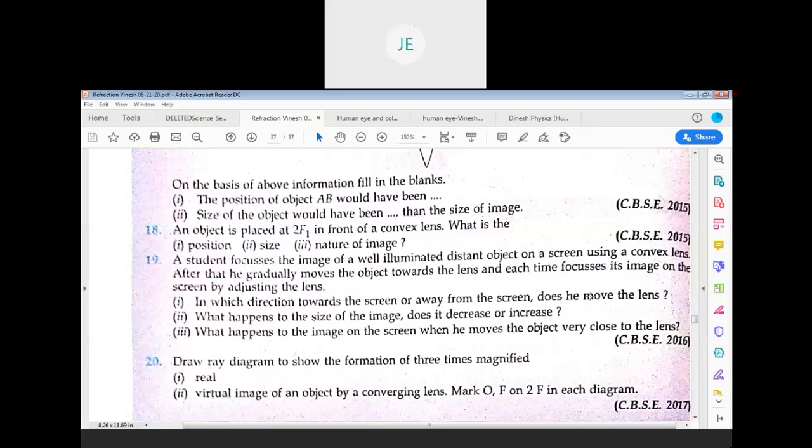Is it clear? Sir, here it is written that after that he gradually moves the object towards the lens and each time focuses its image on the screen by adjusting the lens.